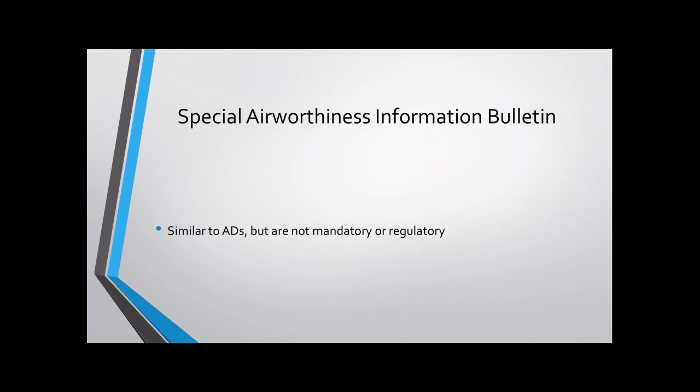The easy way to think about this is that SAIBs are basically the same concept as an airworthiness directive. They've been issued by the FAA, however, they have not been deemed severe enough to require an airworthiness directive. So as a result, these SAIBs are not mandatory, nor are they regulatory. They are simply strongly recommended to be performed to maintain the aircraft in an airworthy state.